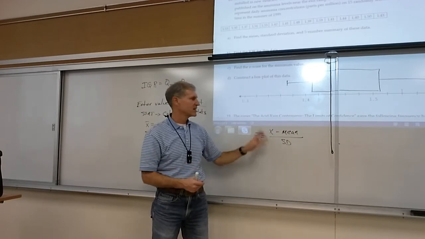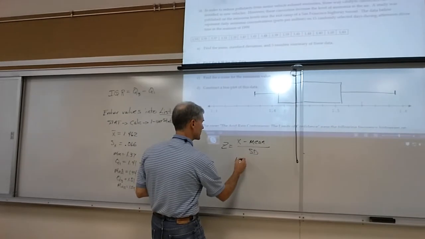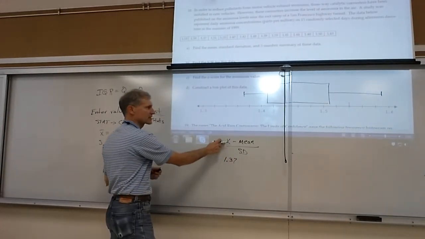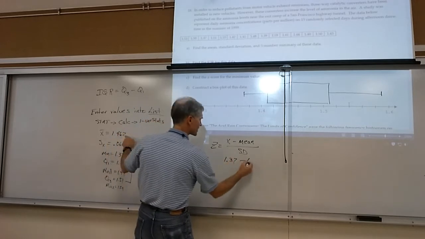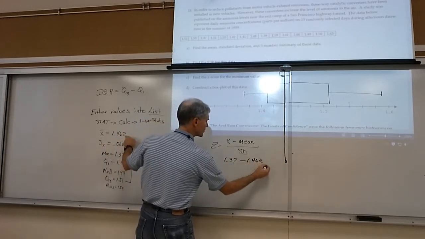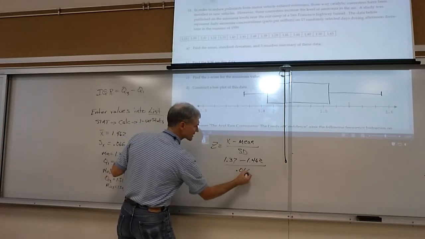Either one is fine. It's just the mean and the standard deviation. So we've got 1.37 for the min, that's our x, minus the mean, which we computed as 1.462, divided by the standard deviation, which is 0.066.